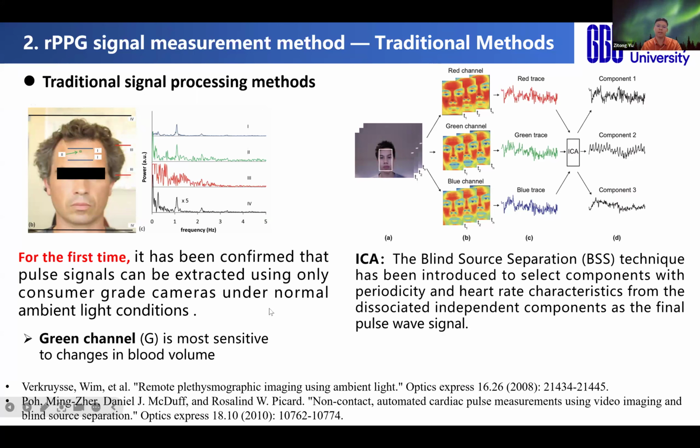And after it, many signal processing and blind source decomposition methods, for example, the ICA method, were developed. They usually separate the noisy signal into different components, and they find maybe the most periodic component. They think this is the trustworthy rPPG signal.